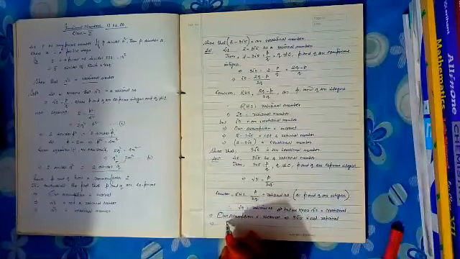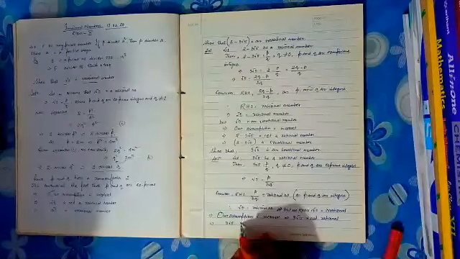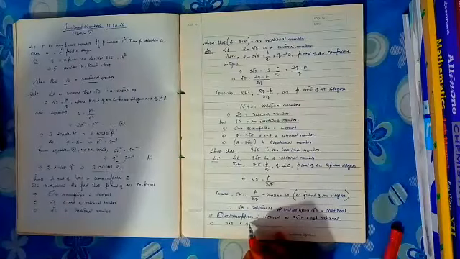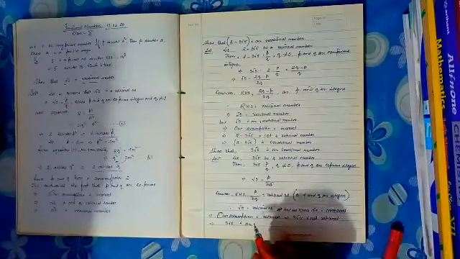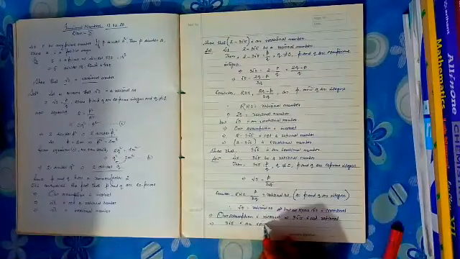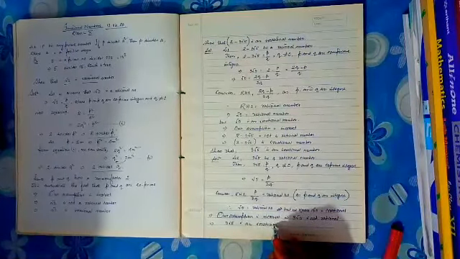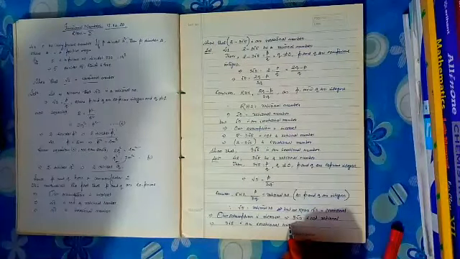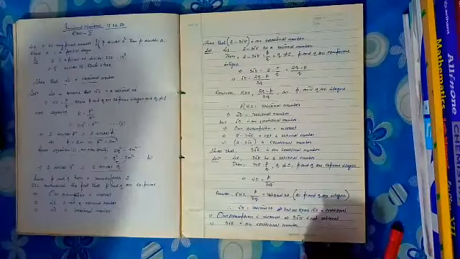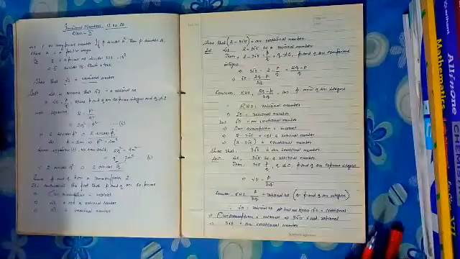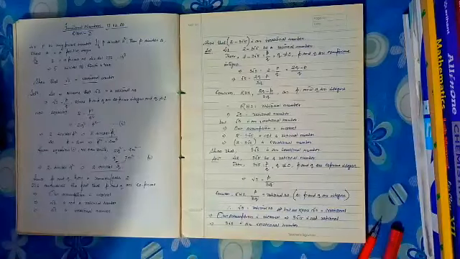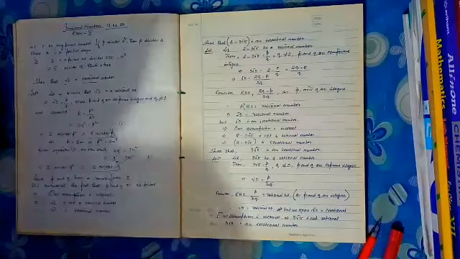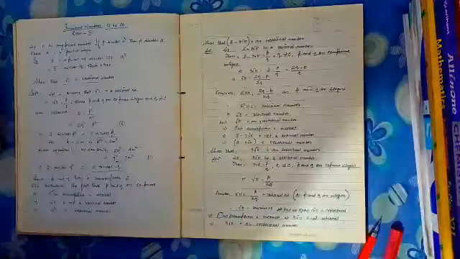This implies 3 root 5 is an irrational number. All these statements you need to write exactly the same way. Don't deviate from the writings. Your answer will be wrong then. Okay, students.